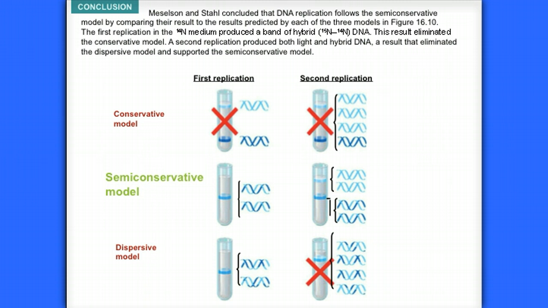When they observed the first generation, one strand was parental, one was daughter. When they observed the second generation, they saw that the new strands were altogether new daughter strands, the lighter ones, but the other, parental strand was always there in the generations of the DNA.